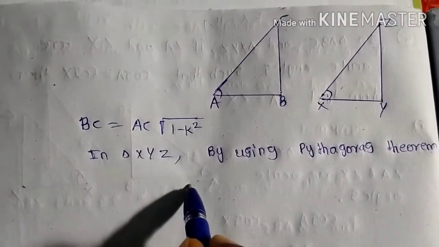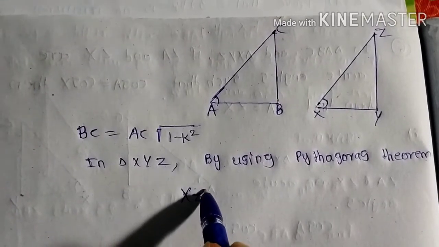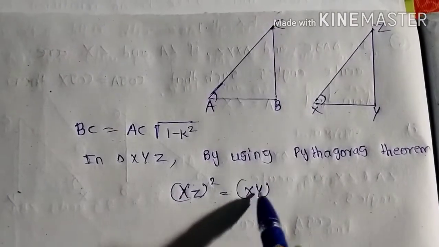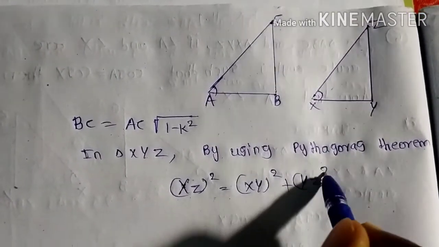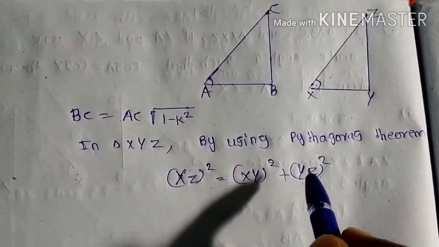That means you can write here XZ square is equal to XY whole square plus YZ whole square. We need to find your YZ value. Yes or no? This is the unknown value.